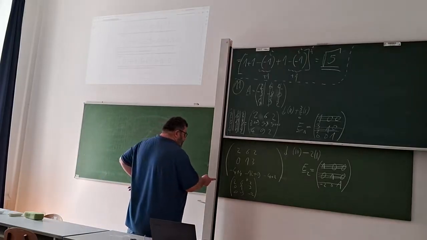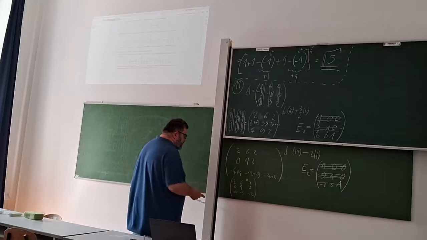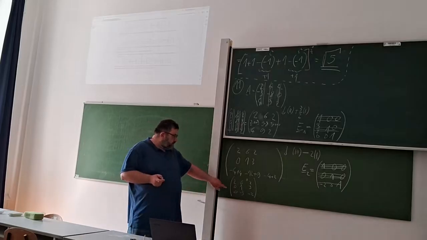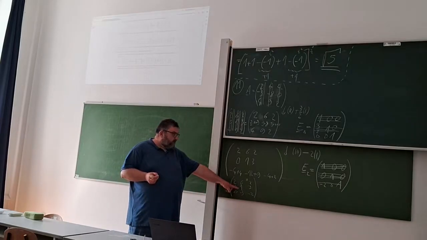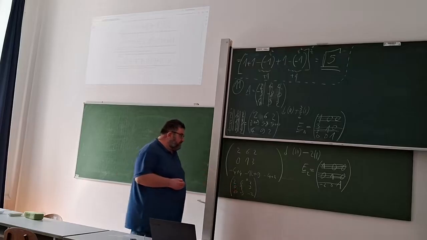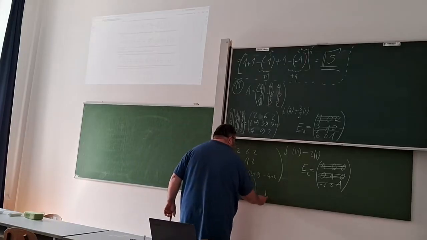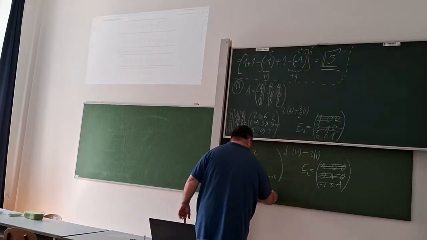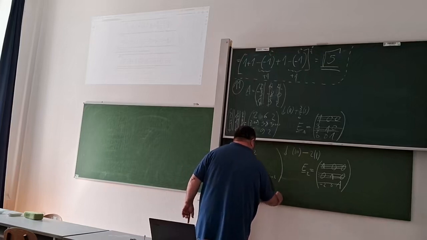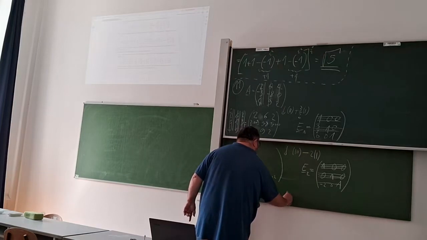So I have this, and I'm okay with the second row, but I'm not okay with the first row. So I want to add to the third row 3 times the second row.